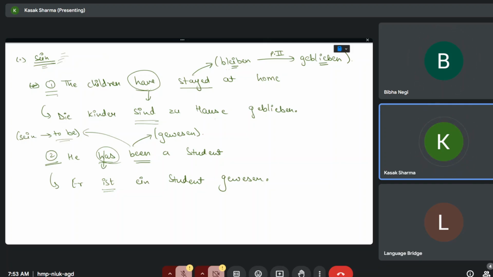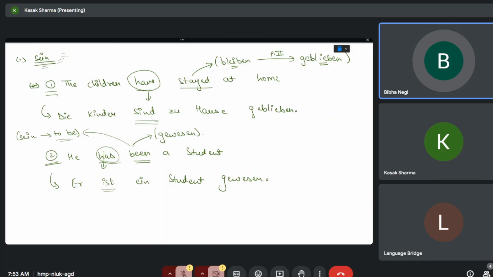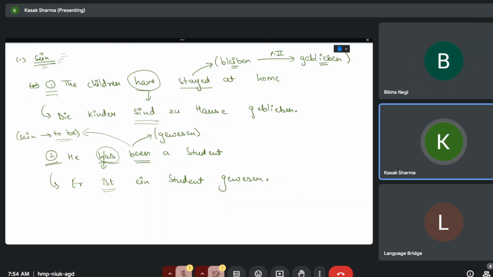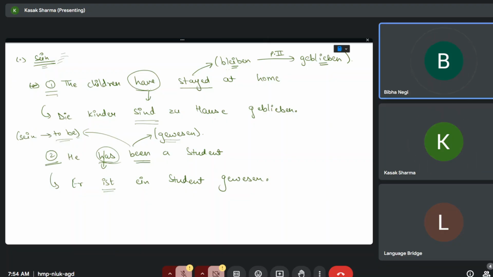Any doubt? It is not an exception. Been is the form of sein, and for been we use gewesen. Basically, gewesen means been. Any doubt? No. Okay.